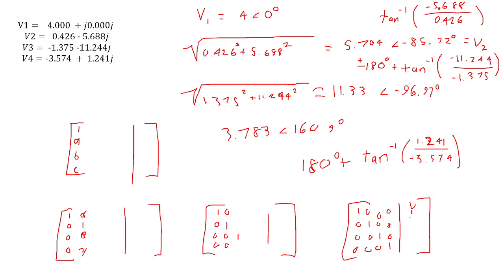So that's your V1, V2, V3, and V4. After you RREF this, and my V1 looked a little weird, so we'll shift the one over.